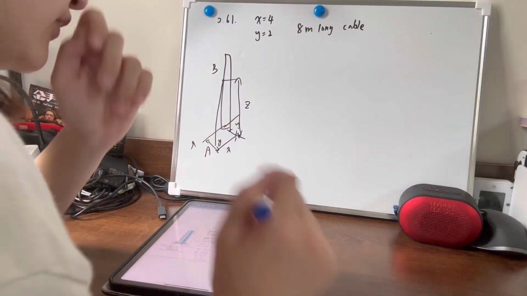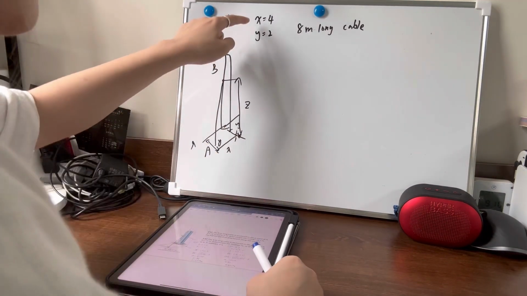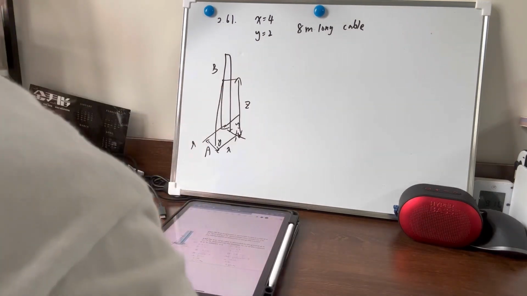And then these questions, we got x equal 4 meter and y equal 2 meter.